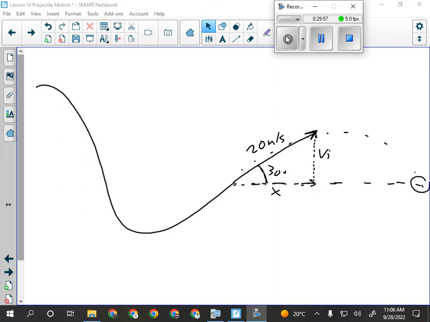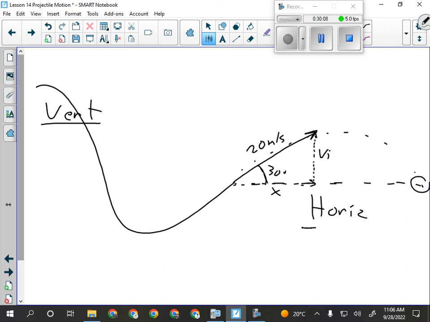So here's what we have to do. We need to do what we did with the other ones and break this up into its vertical and horizontal components. The most important piece of information I need is where to put the pool. That is, horizontally, how far will I travel after being launched off the ramp?